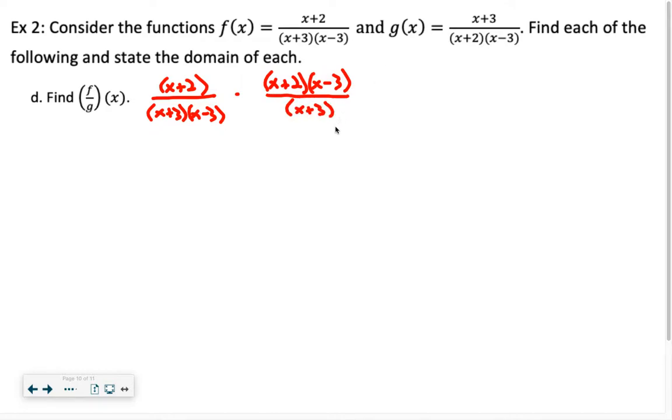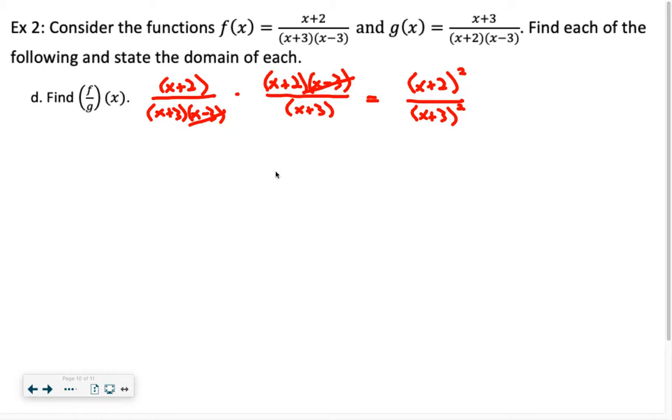Now, if I look at factors, the only things that I can cancel out are the (x − 3)'s. I've got one in the numerator, one in the denominator. So I then get (x + 2) times (x + 2) over (x + 3) times (x + 3), right?